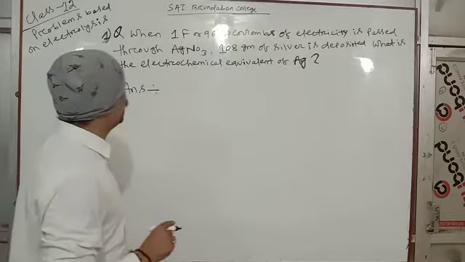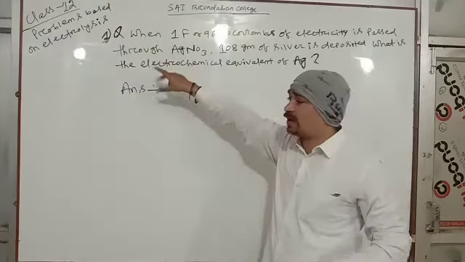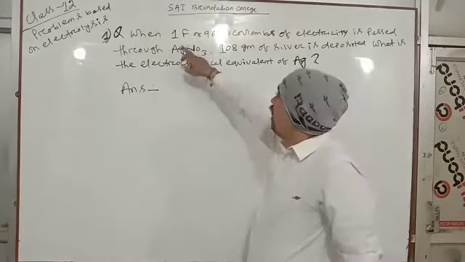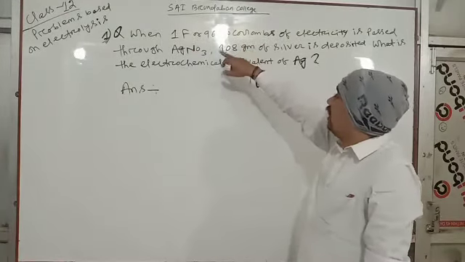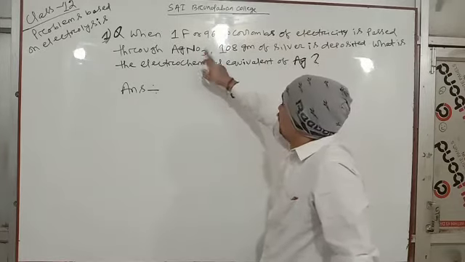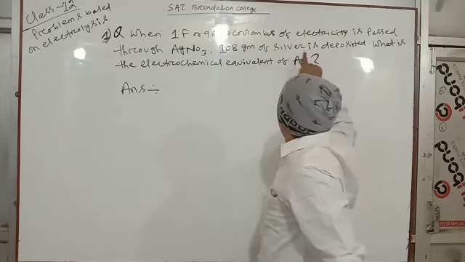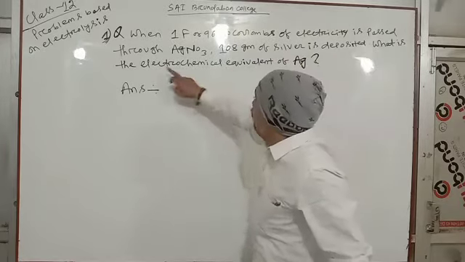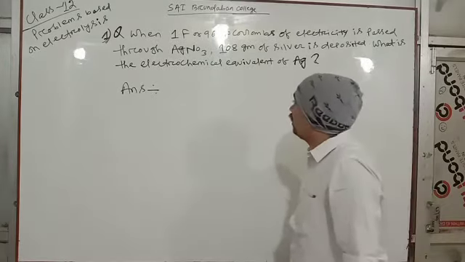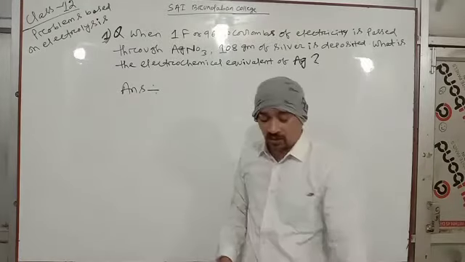This is a 1 mark or 2 mark question. When 1 Faraday or 96500 coulombs of electricity is passed through AgNO3, 108 gram of silver is deposited. What is the electrochemical equivalent of silver?